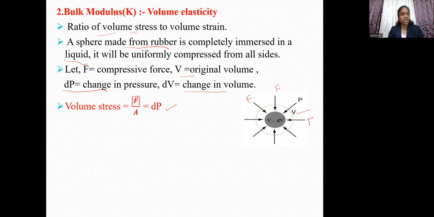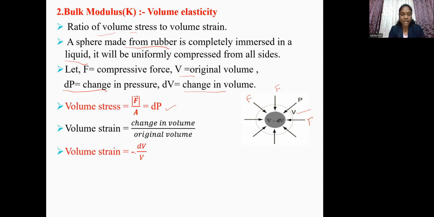It is change in volume per unit original volume. So we get here the equation for volume strain, that is equal to minus dV by V. What is the meaning of the negative sign here? The negative sign indicates that there is a decrease in volume of the body.